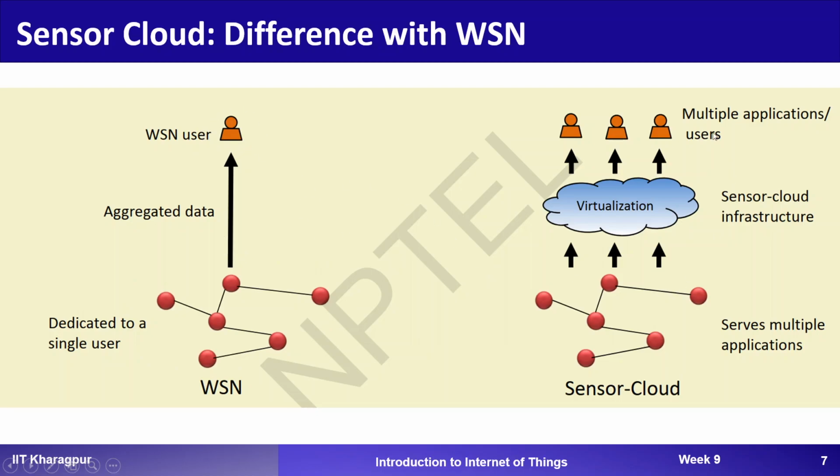However, in case of your sensor cloud, many users or many applications can use the data which is provided by the set of sensors. With the help of virtualization, all the different applications can use the data provided by these sensors, and these applications are unaware of the other applications which are also using the same data.